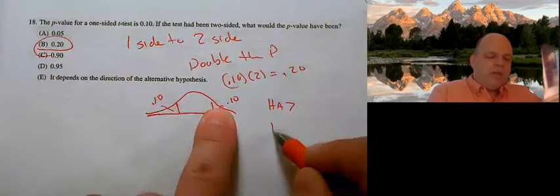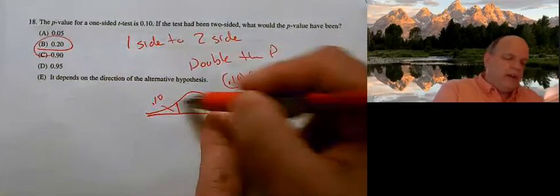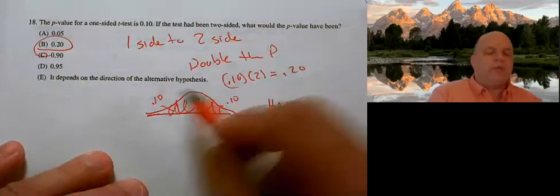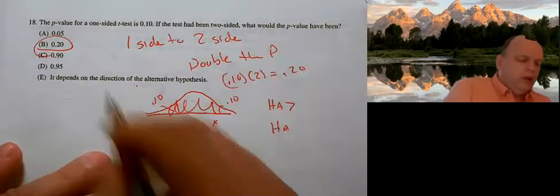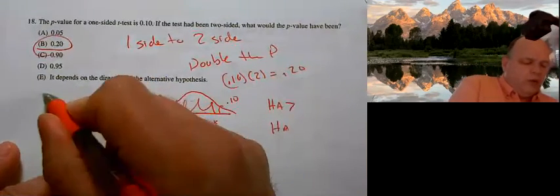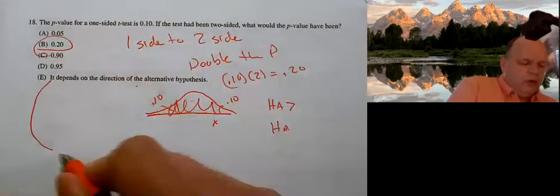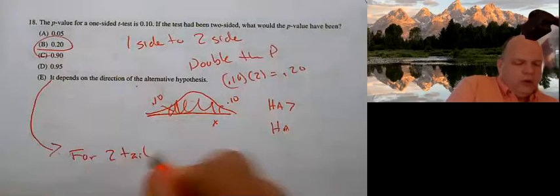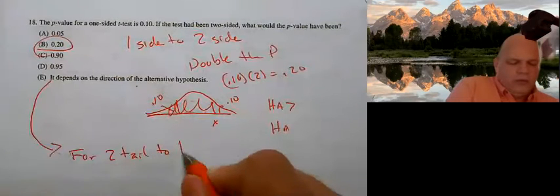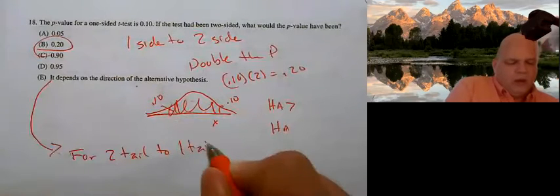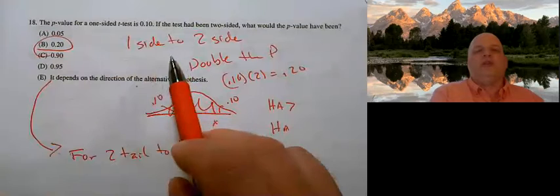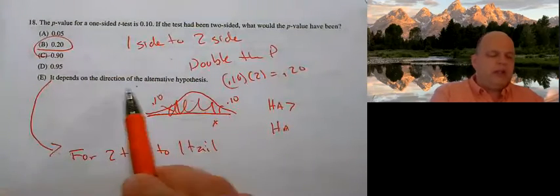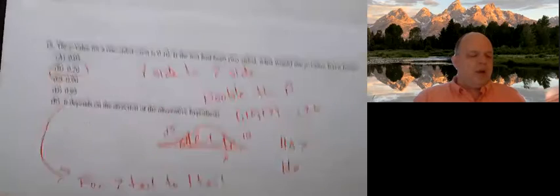But if HA had been this way, then you're facing it down that way. And so when going from two tail to one tail, it depends on the direction. One tail to two tail, you can just double. For two tail to one tail, it depends on the direction of the hypothesis.